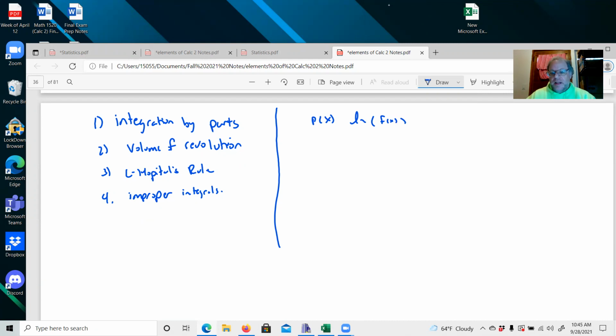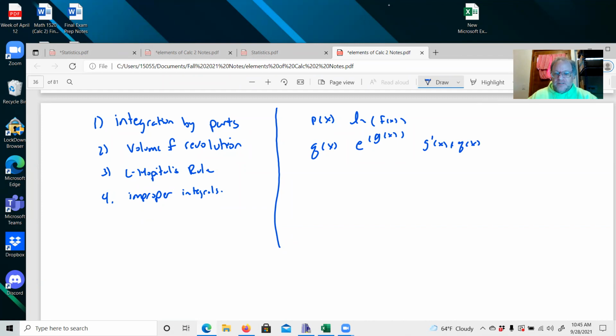The other type is some kind of a polynomial, P of x, times e to the g of x, where g prime of x is not going to be q of x. So it is not a simple u substitution.